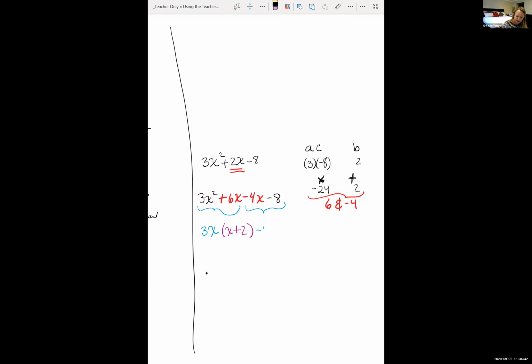That would leave me with x minus 2. I'm sorry, x plus 2. So pull out the parentheses. If I pull out the parentheses there and there, you're left with the 3x minus 4.